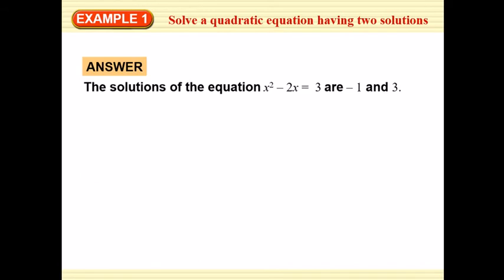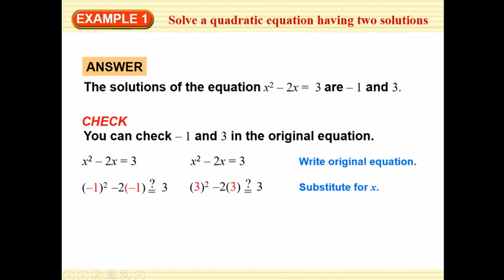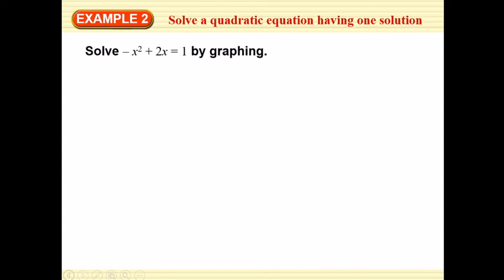So the solutions of this equation, our original equation, are -1 and 3. And you can check them in the original equation. So when you write it out and you substitute in those values and multiply it out, you should get 2 true statements. Remember, solutions produce true statements.